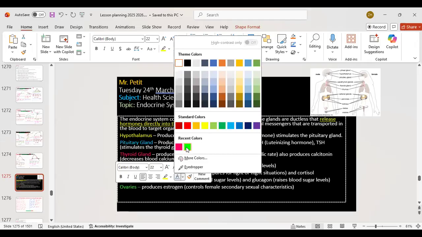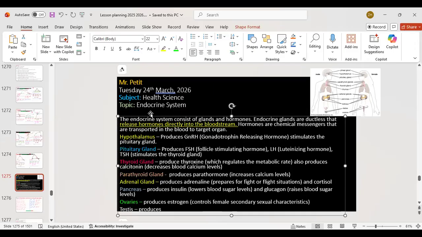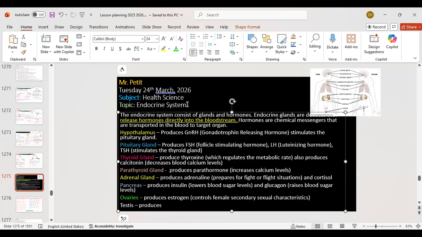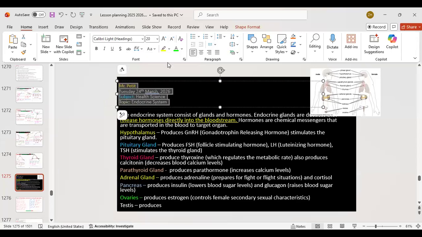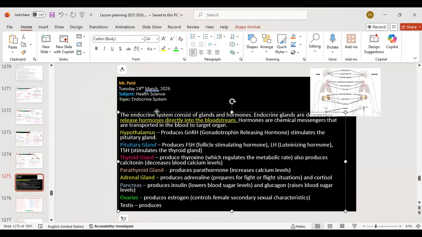And then we have the testes. What hormone does the testes produce? Testosterone. Testosterone, very good.